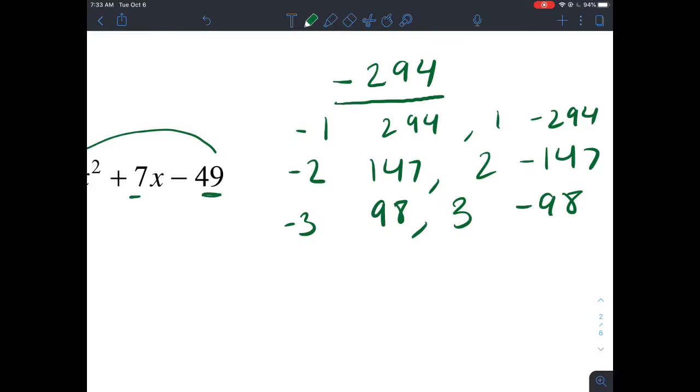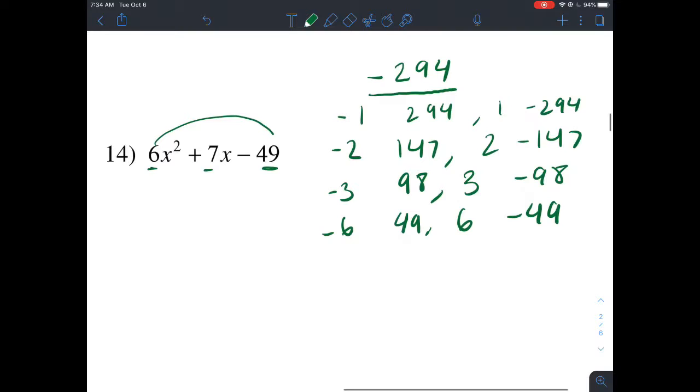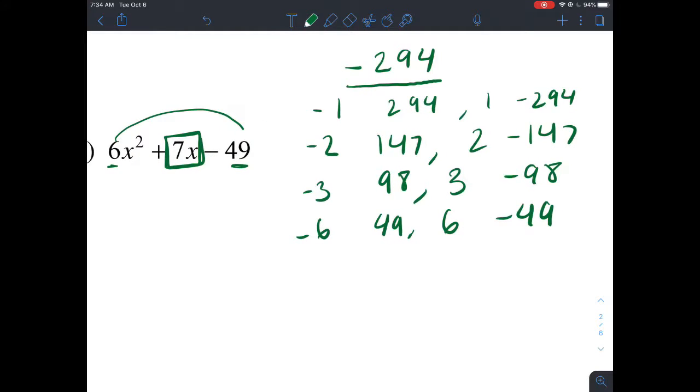Positive 3 and negative 98. 4 doesn't go in there. 5 doesn't go in there, but 6 does. 6, we could do negative 6 and 49. Or we can do 6 and negative 49. All right. Now, I want you to keep in mind, as we're going through these, we're interested in the factors that are going to add up to 7. All right. So far, none of these are adding up to 7, so I've got to keep going.